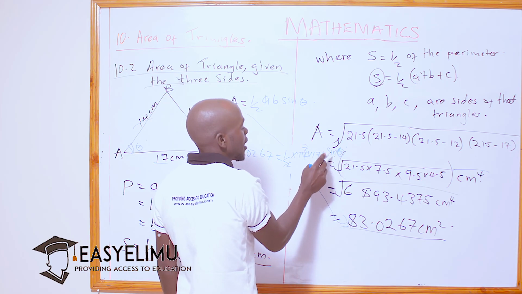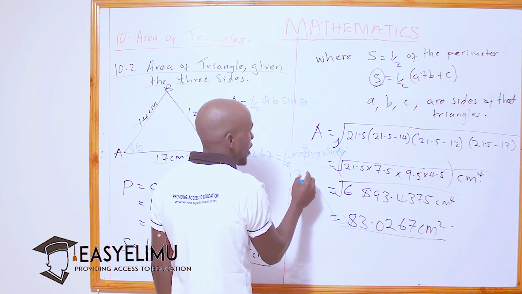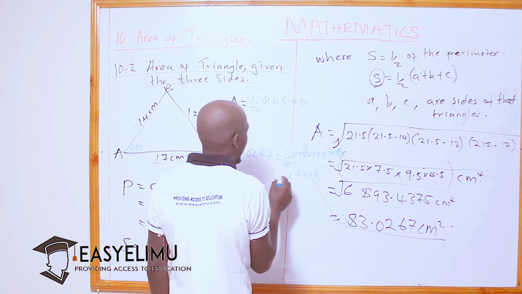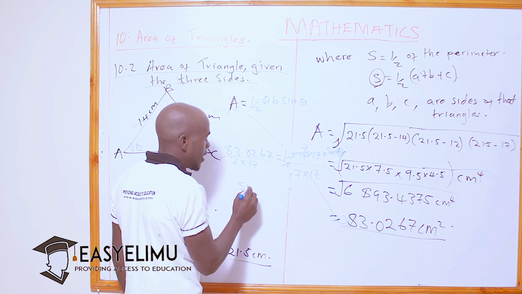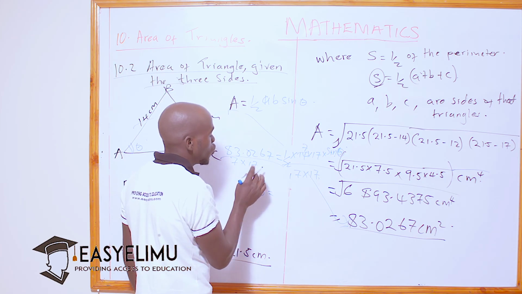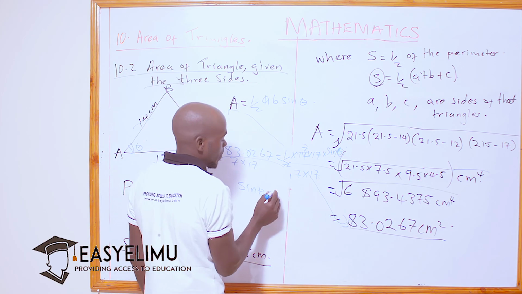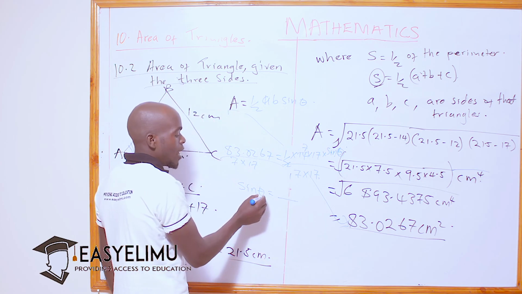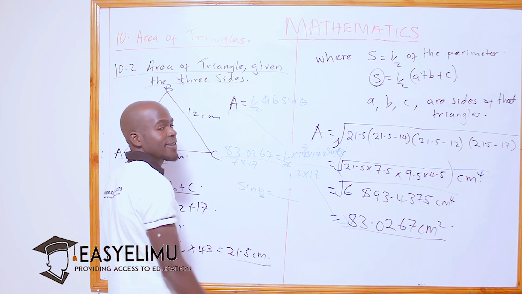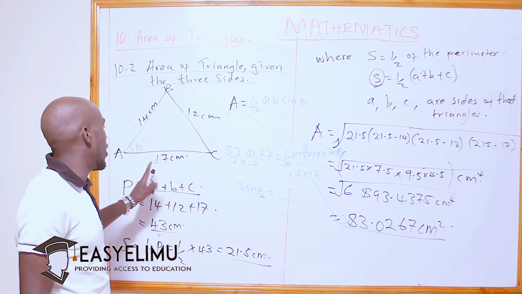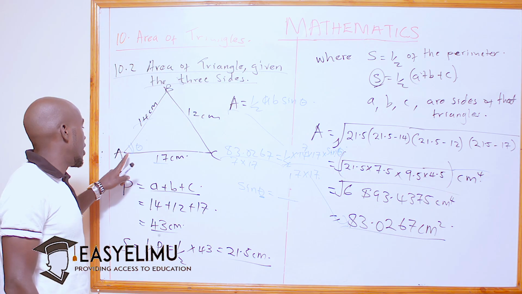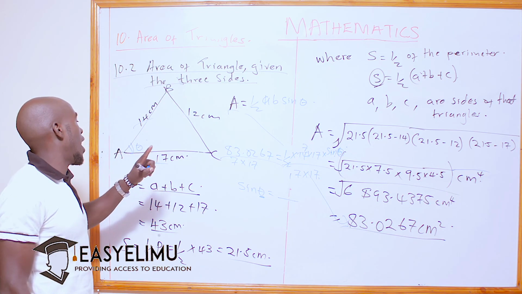If you need sine theta, you divide both sides by 7 times 17, and you find sine theta is equal to what you have here. Then if you want theta, you find the sine inverse of the value, and that will be the enclosed angle.